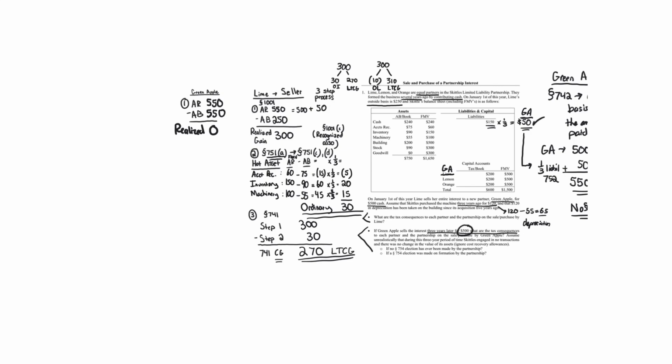And yes, I said realize and recognize, but that's just under step 1. Now you're going to see the interesting part. Step 2 comes. Guess what happens? We have to go through the hot asset analysis again. If Green Apple steps into the shoes of Lime exactly the way it was and nothing changed, this analysis is identical.